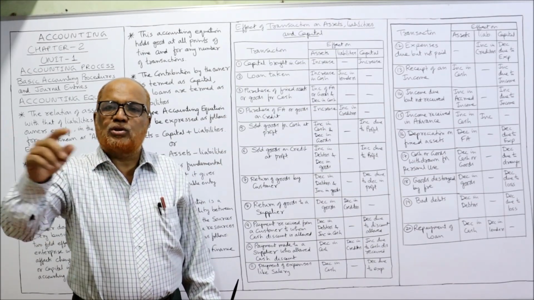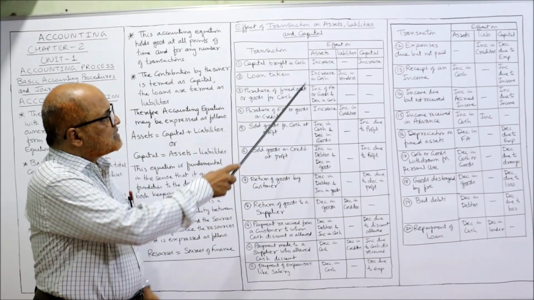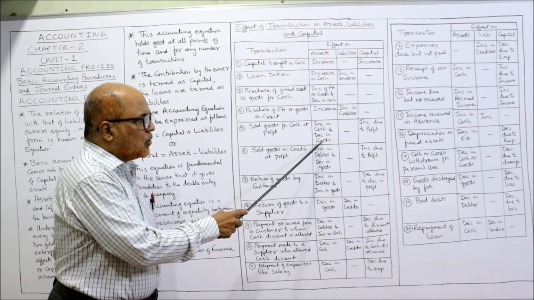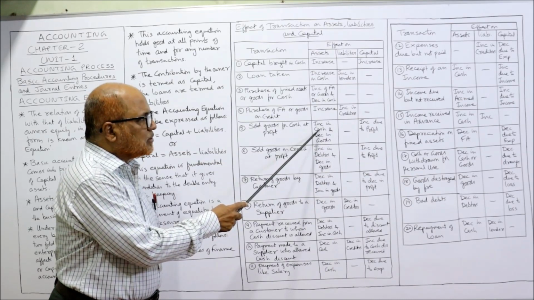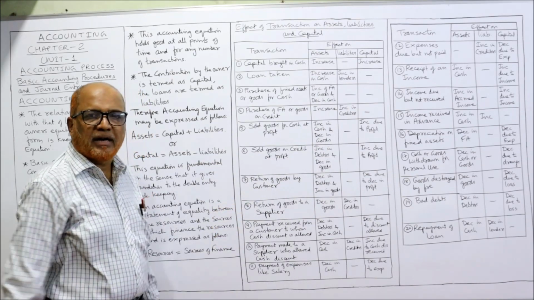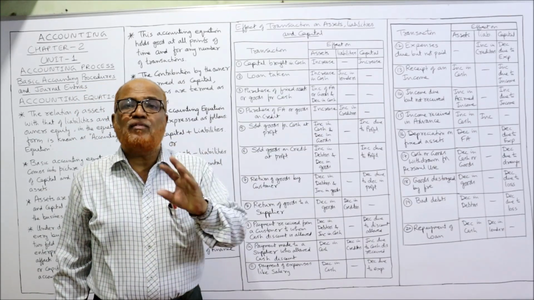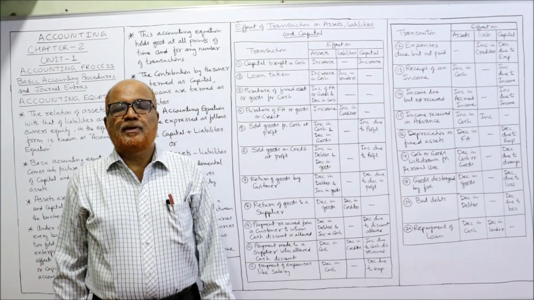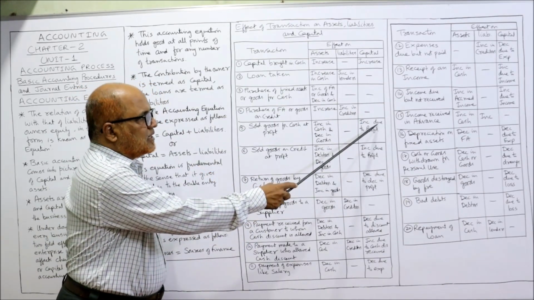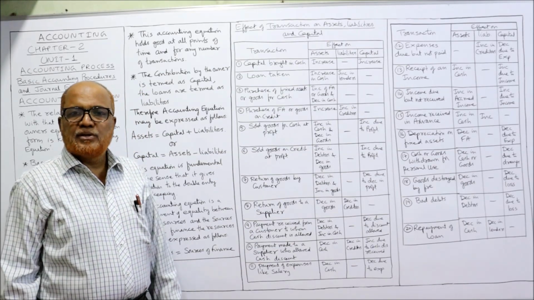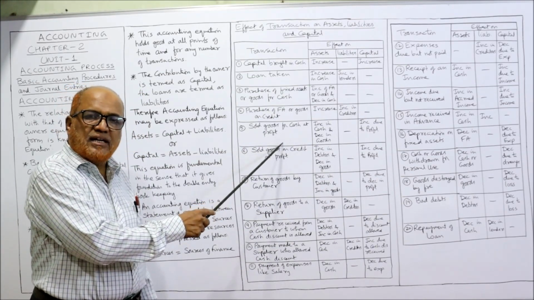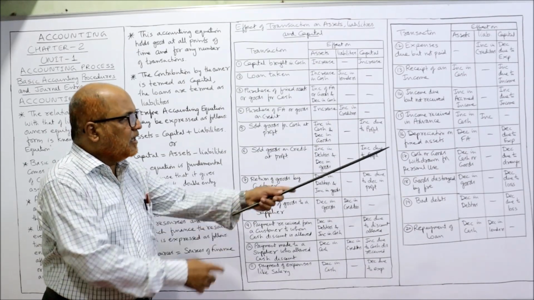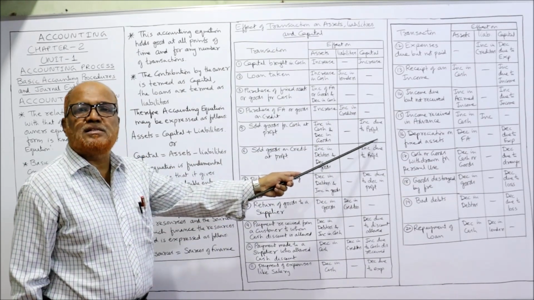Goods are going out, minus 10,000. So in the assets column, increase in cash 15,000 and decrease in goods 10,000. The difference, 5,000, is the profit, and that profit will be added to capital. So increase in capital, increase due to profit. So when goods are sold for cash at a profit, increase in cash, decrease in goods, and increase in capital due to profit. That is the effect.